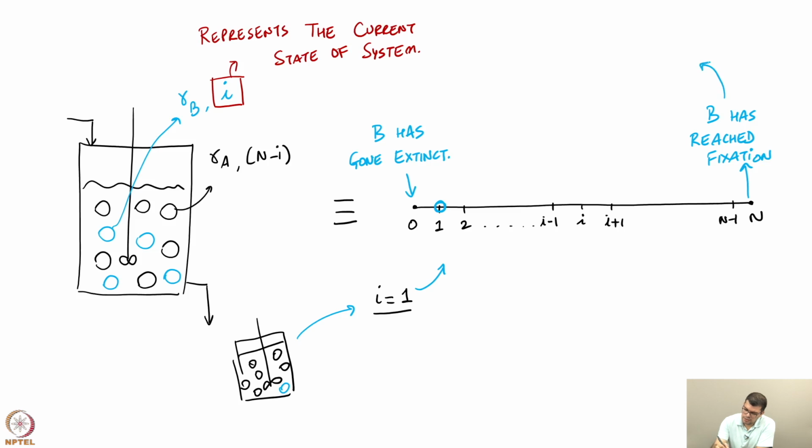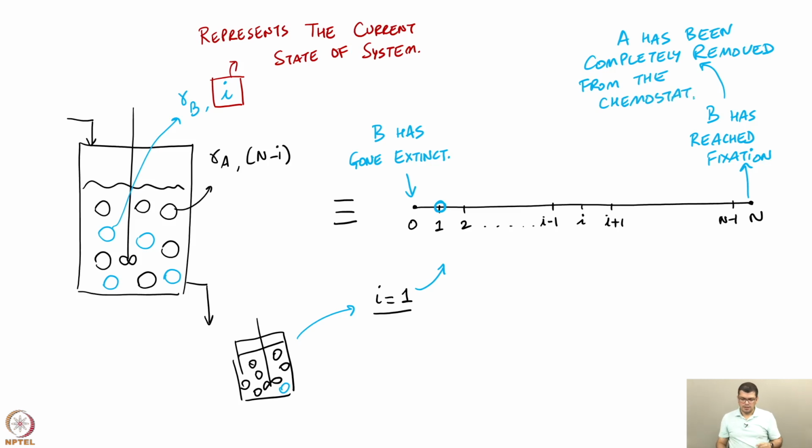In other words, A has been completely removed from the chemostat. I equal to 1 is a special case where the mutation has just happened.